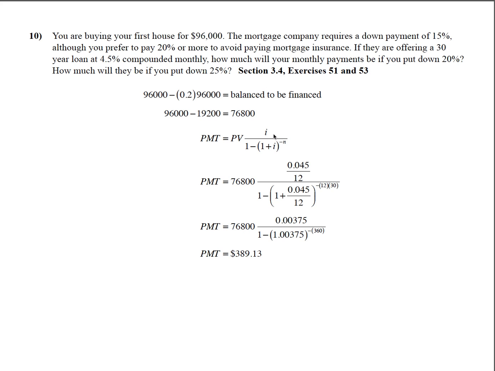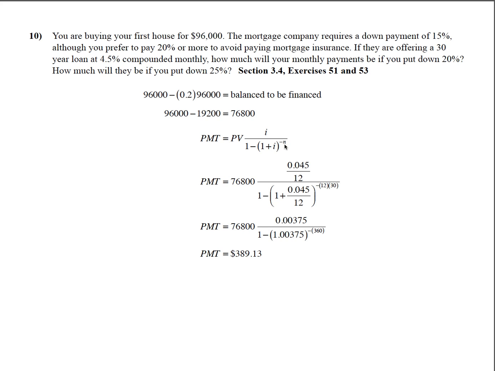The I is the rate, 4.5% per compounding period, which is 12, since there are monthly payments. So that's in our numerator, 0.045 divided by 12. It's also here in the denominator. I is equal to 0.045 divided by 12. And then the N is equal to the M.